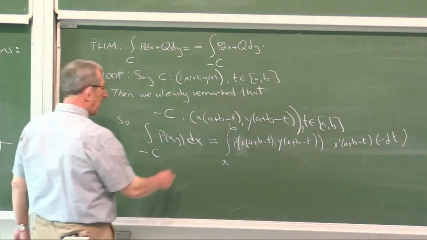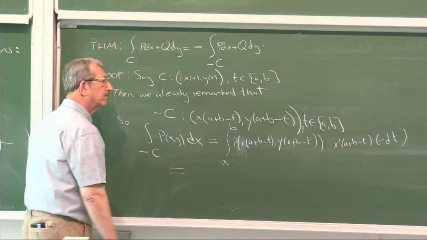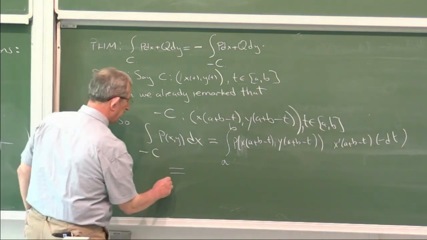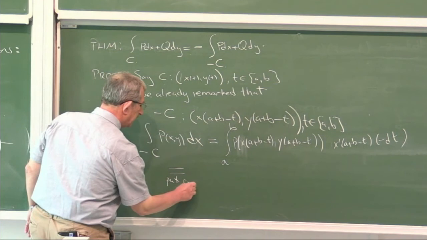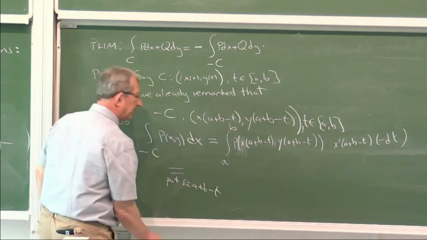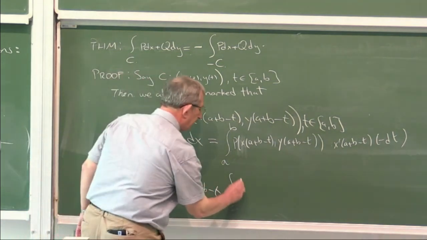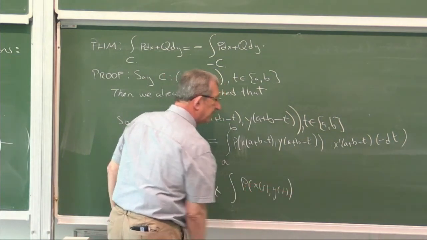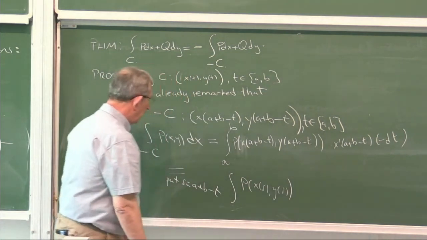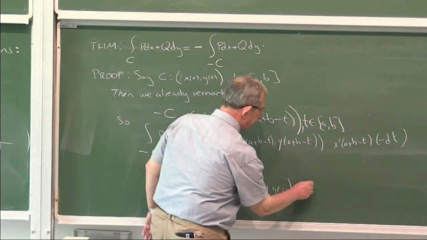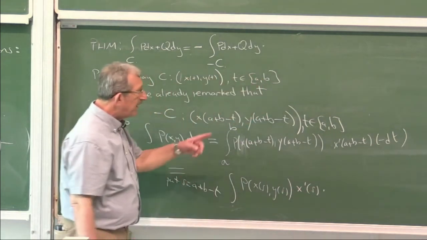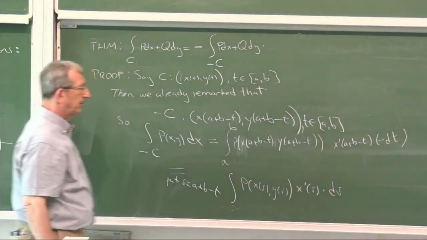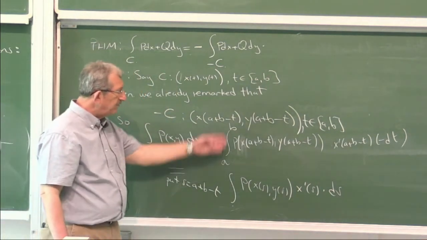Now let us change t to s. Say, put s equal to A plus B minus t. Then we have p of x of s, y of s, x prime of s, and minus dt is ds. Now, how do the limits change?